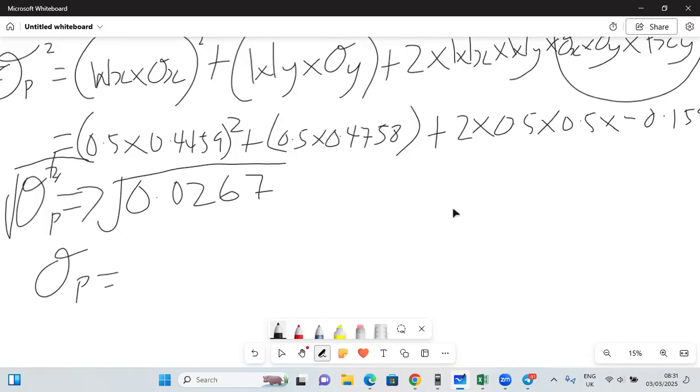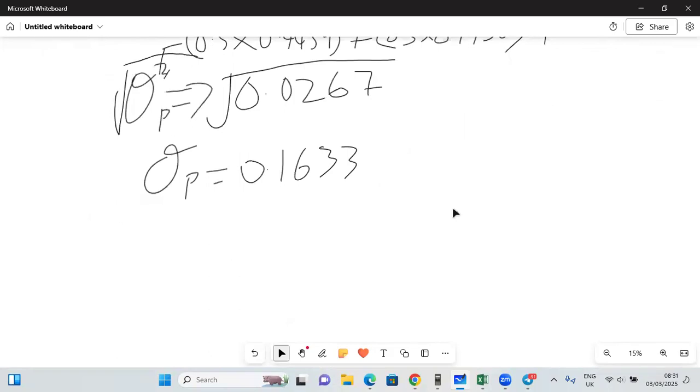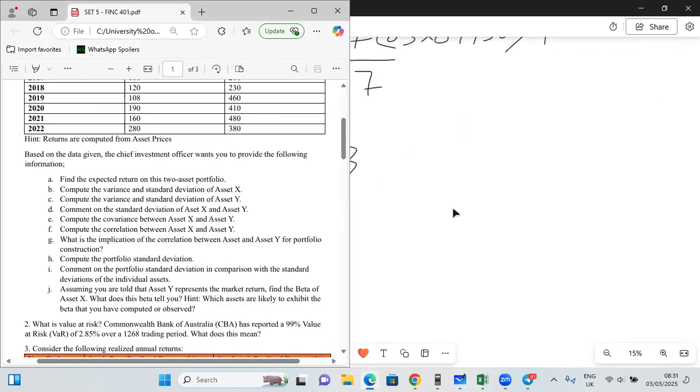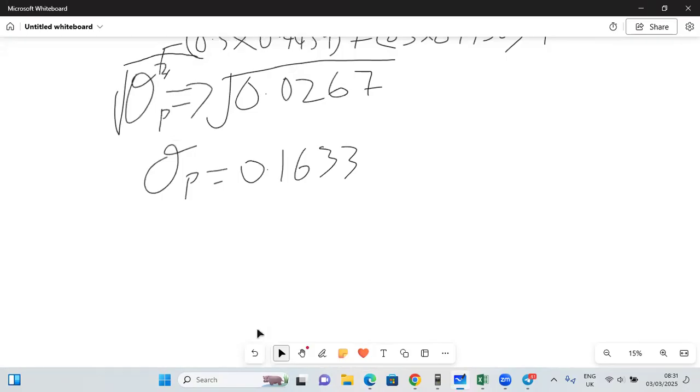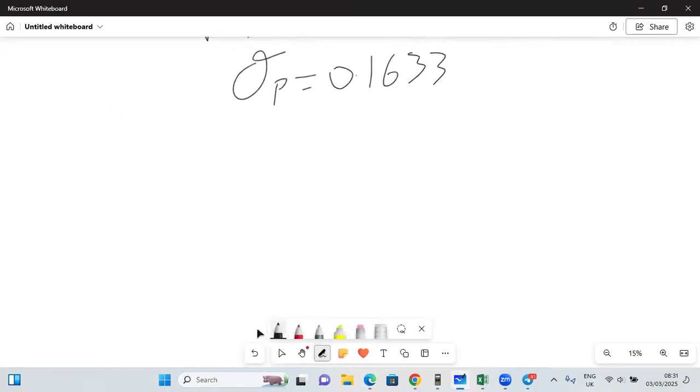We are going to get 0.1633, right? So we're getting 0.1633. That will be the standard deviation of the portfolio. Now, they say we should do what? Comment on the standard deviation.